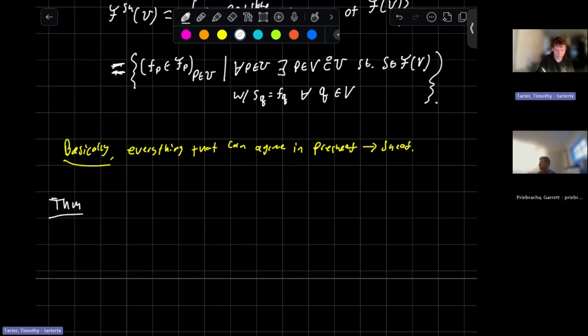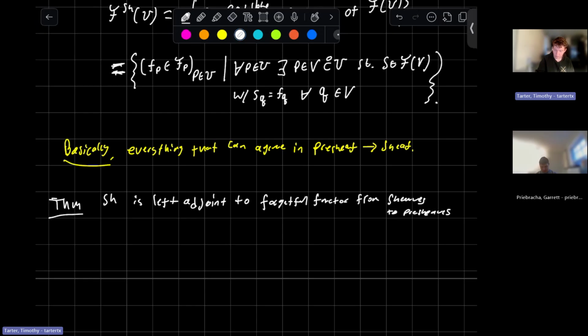So theorem: SH is left adjoint to the forgetful functor from sheaves to pre-sheaves.